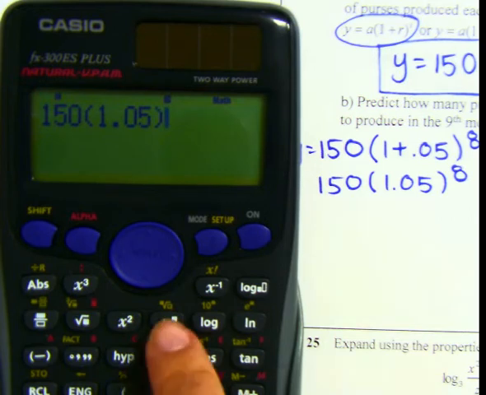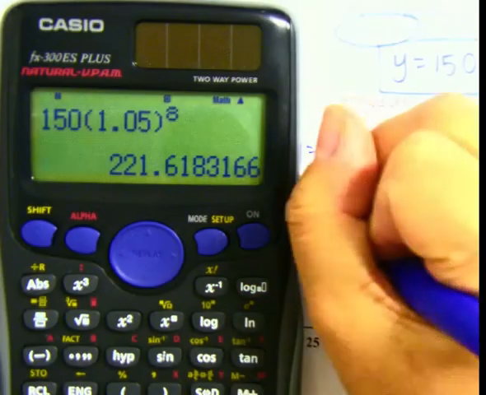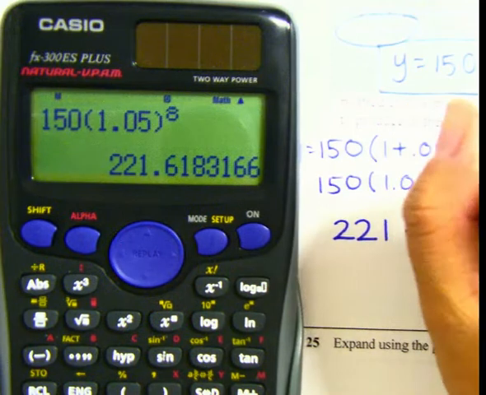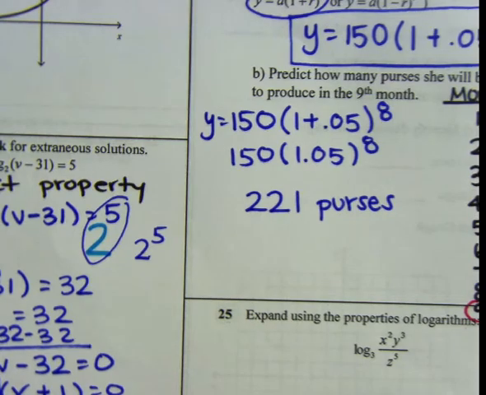Give me an exponent to the 8th power. Enter. And then I say don't round. So 221 purses will be produced on the 9th month.